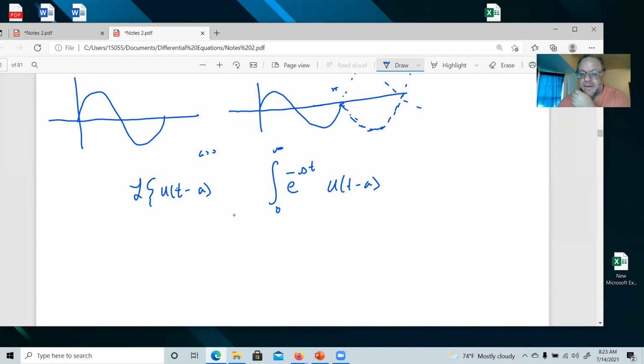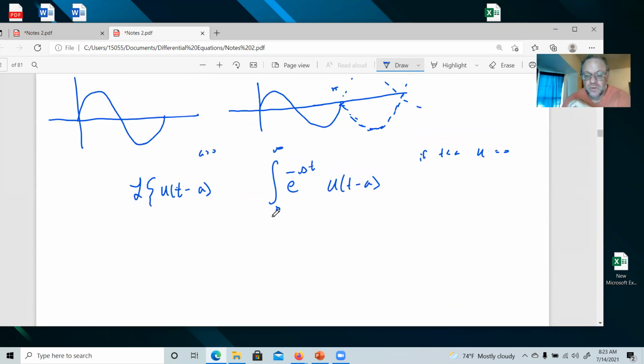Now, until a, this function is 0, because the unit step function says if t is less than a, then u is equal to 0. The unit step function is 0.